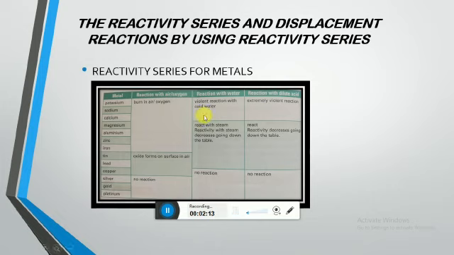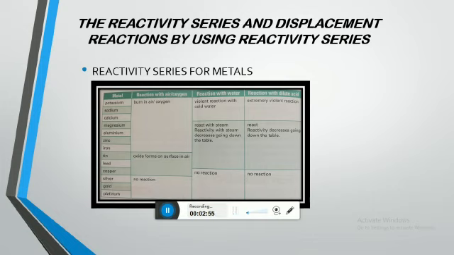In the third column, the reaction of these metals with water. I told you earlier in previous videos, potassium, sodium, and calcium, these three elements react vigorously with cold water. Further down, magnesium, aluminium, zinc, iron, tin, up to lead, they react with steam, and the reactivity actually decreases from top to bottom.